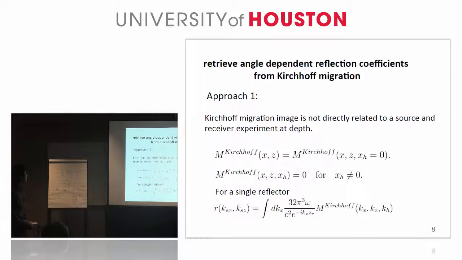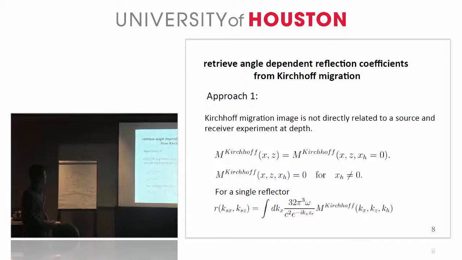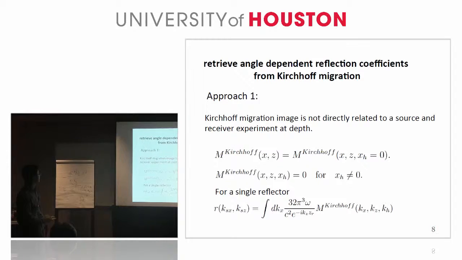Next, I will show you how we can retrieve the angle-dependent reflection coefficient from Kirchhoff migration. As I mentioned in the previous slides, Kirchhoff migration is an asymptotic approximation of the Stolt migration, but it loses the ability to predict a source and receiver experiment at depth. So in order to interpret the Kirchhoff migration with the source and receiver experiment at depth, we have the first approach here.